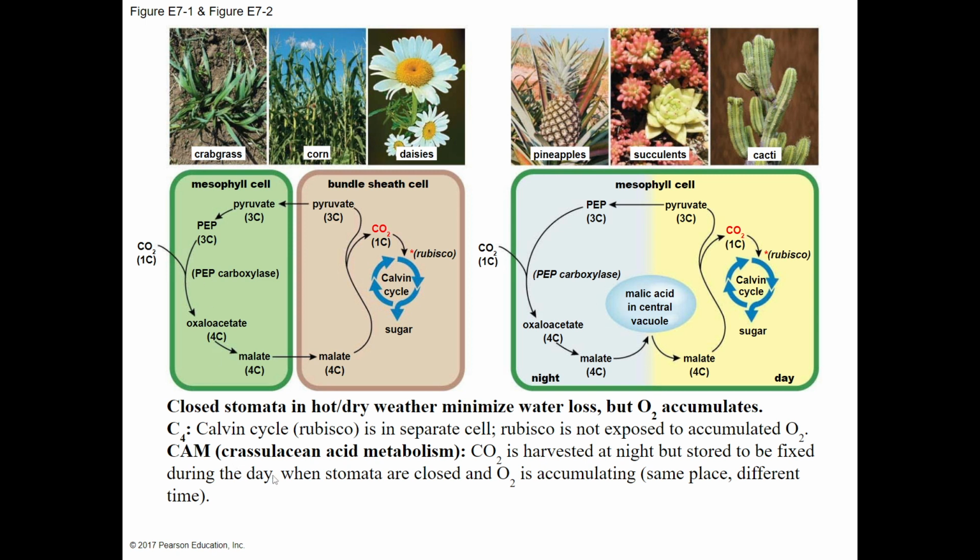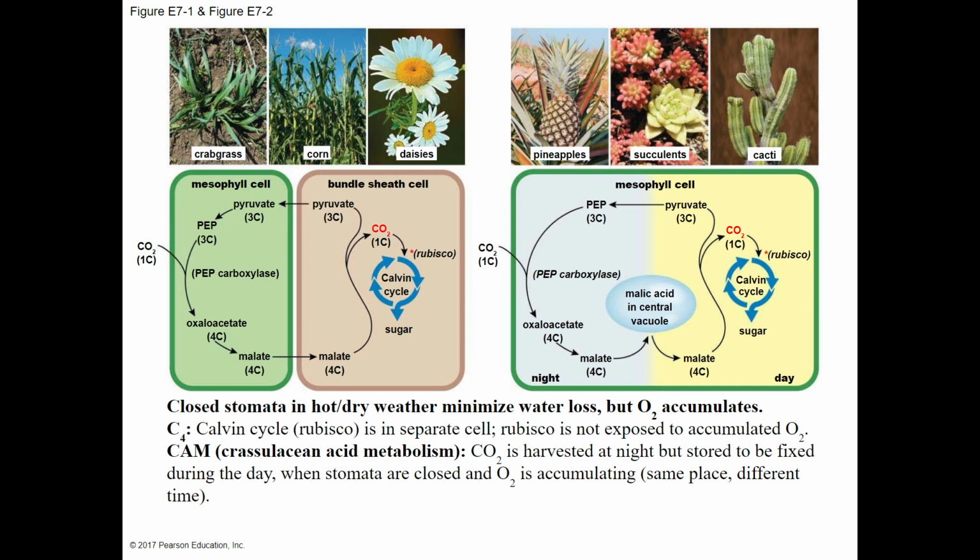For the CAM, or crassulacean acid metabolism pathway, CO2 is harvested at night but stored to be fixed during the day. So when the stomata are closed and oxygen is accumulating, even though it's at the same place, the process of the Calvin cycle won't happen right there or at that time. So we have kind of a same place, different time scenario.